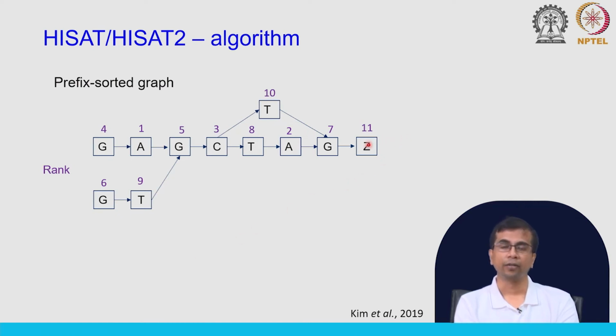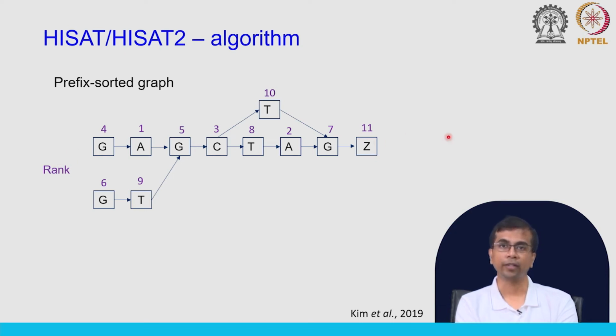Why do you write it twice? Because if you remember the Burrows-Wheeler transform, this rotation, this Z is connected to both of these G's here. You have G here, you have G here, so this Z is connected to both of them.